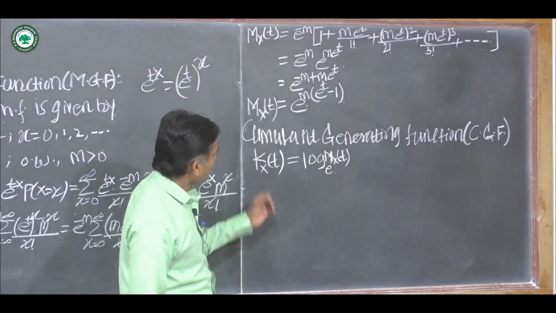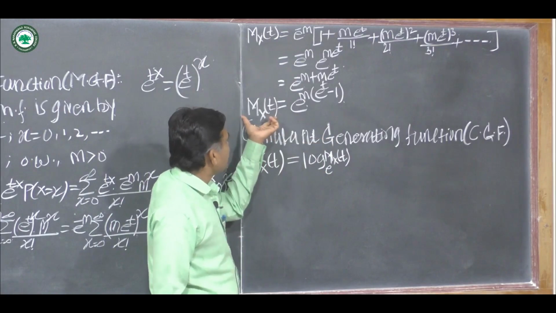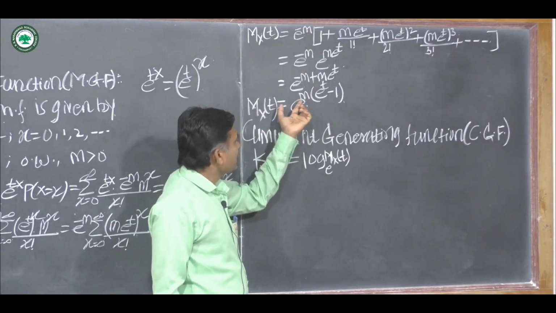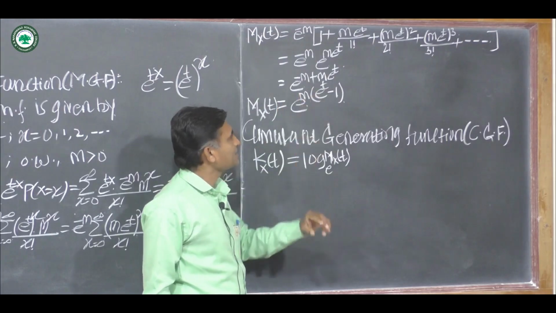Okay, now we know that the moment generating function of the Poisson distribution is equal to e raised to m into (e raised to t minus 1).